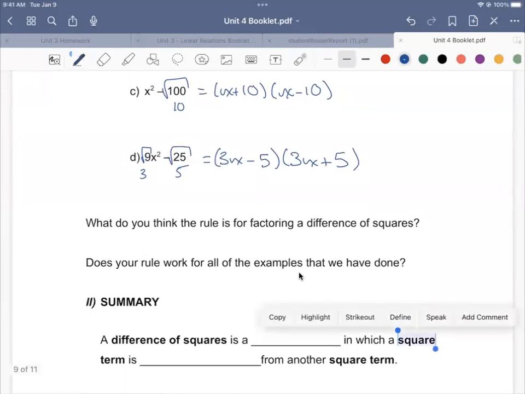So there's a couple different rules that we have for factoring a difference of squares. First, you must be subtracting two terms.